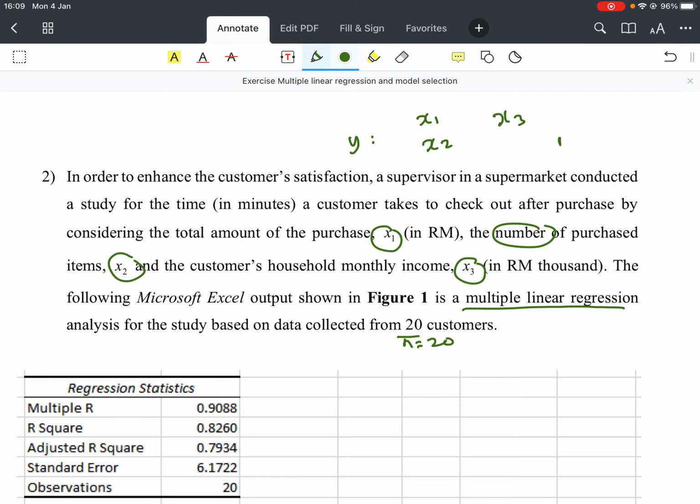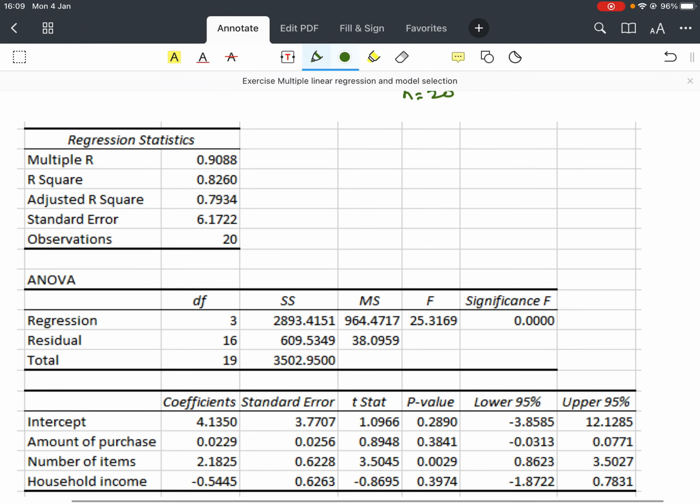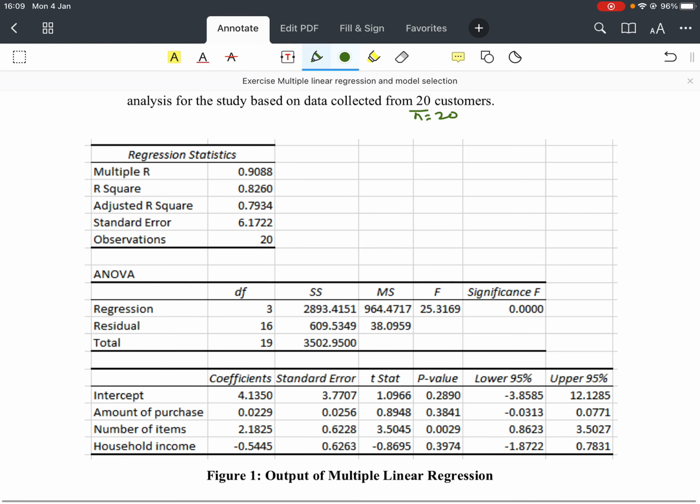This is a multiple linear regression because we have more than one independent variable. So this is the Excel output: amount of purchase is X1, number of items is X2, household income is X3.